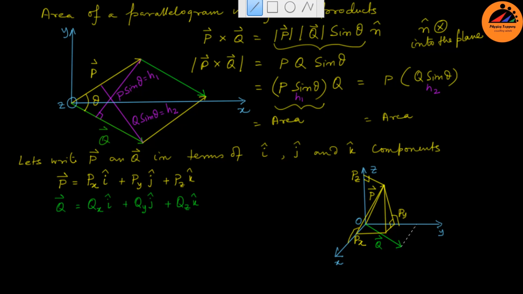So this will be qy, this will be qx, and I can also drop one to z, somewhere here. Let me take it in the first quadrant. I think this Q is a little down, so the perpendicular should be a little down.